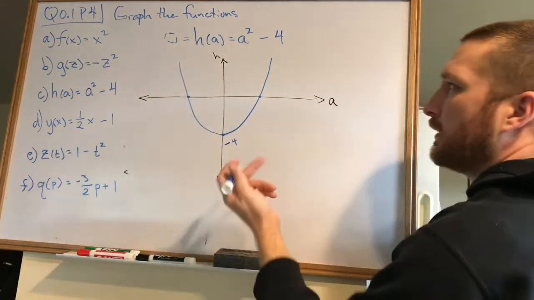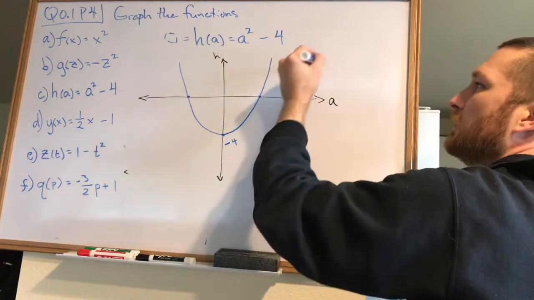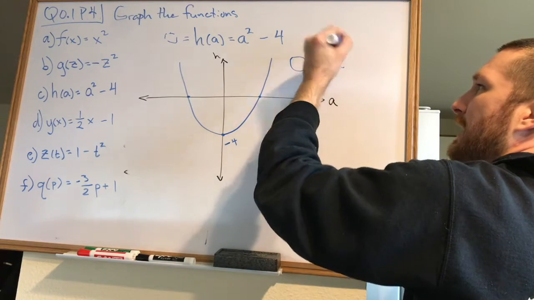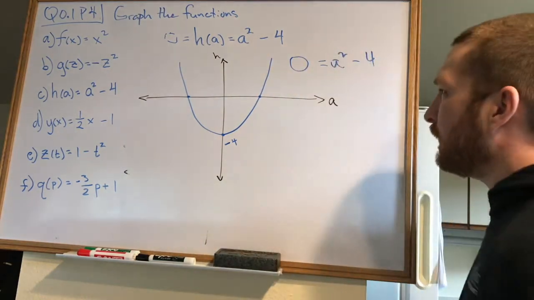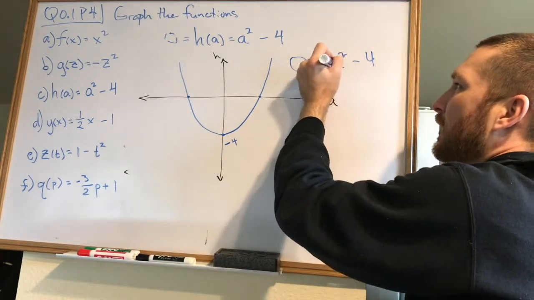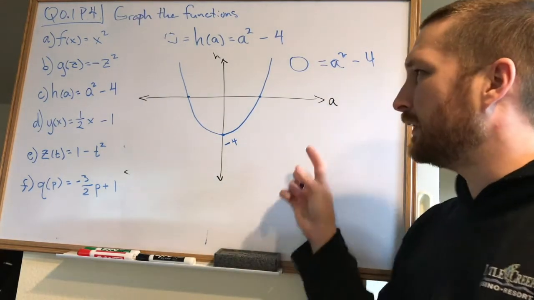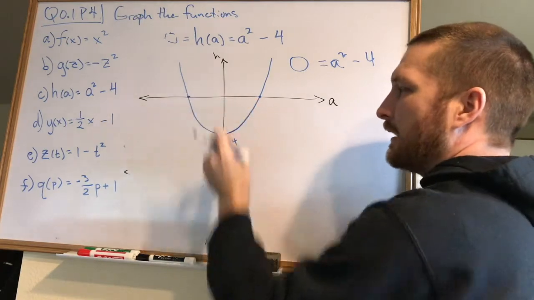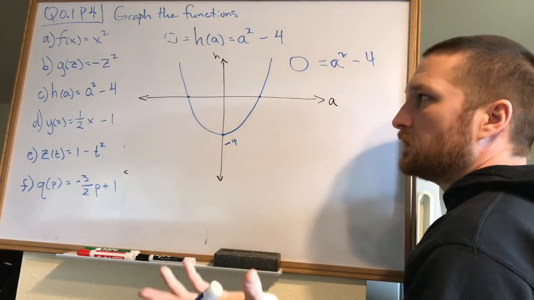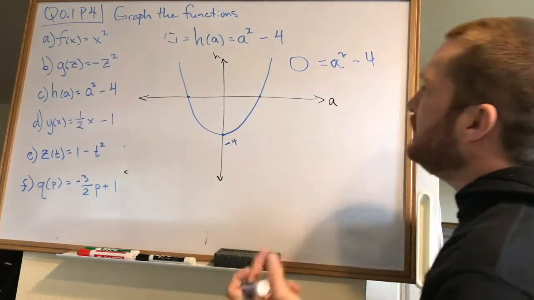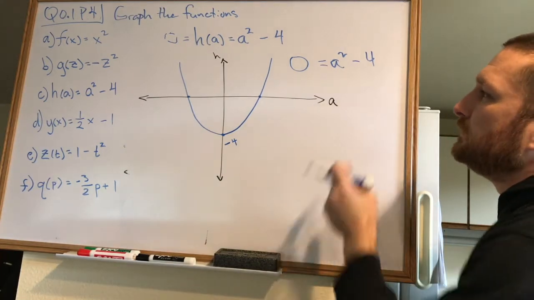So that's how I'm going to think about it. I'm going to say when 0 is the output of a squared minus 4, what value is a? And already I kind of know from the picture that I'd better get 2 answers here, right? Because, well, look at that. It looks like there should be 2 things. And yeah, that's what we're going to find.